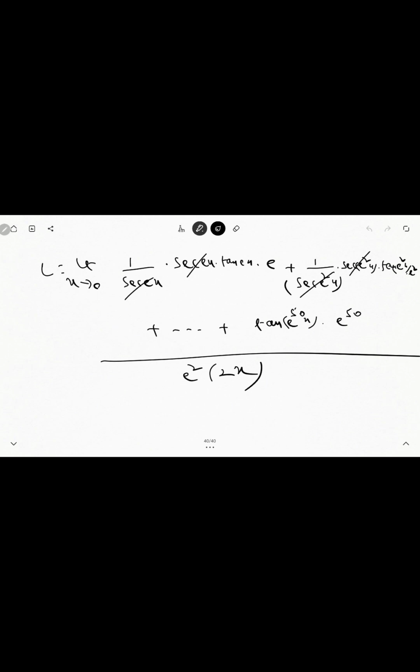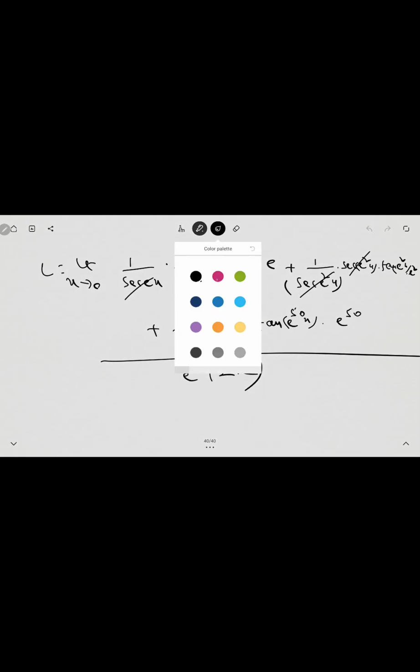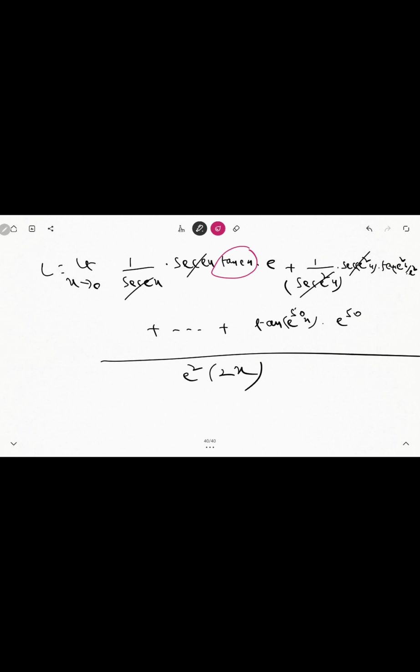Now tell me, no need to do once again, simply apply logic here. What is that? Tan e^x by x. I mean, I am dividing everywhere by x. Then you are getting e. Again, tan e square x by x, e square into e square, e power 4.